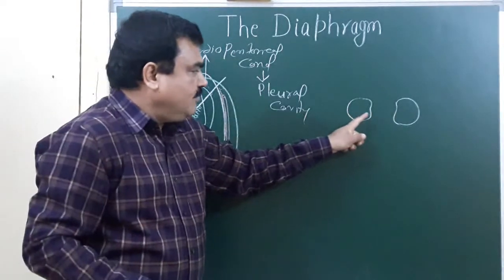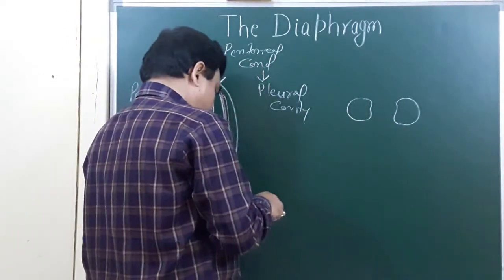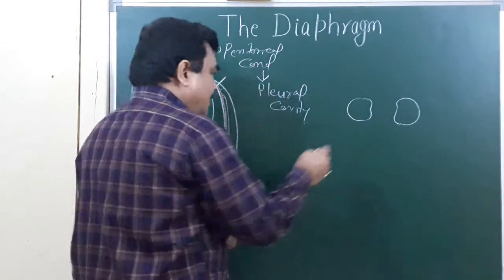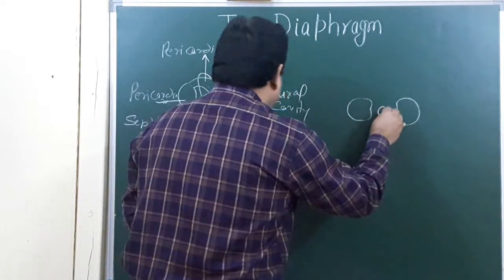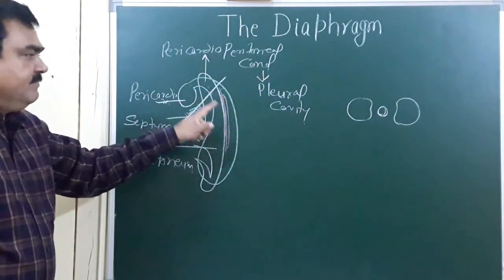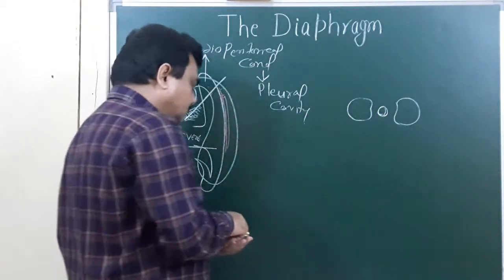This is pericardio-peritoneal canal. And here is the position of foregut. This is the developing foregut, this part. Here it forms the esophagus. This is esophagus.